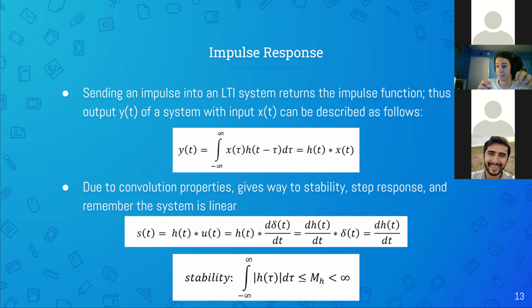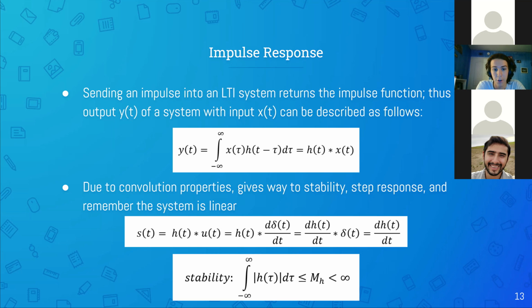If we make x of t delta of t, then the overall output of the system is going to be delta of t convolved with h of t. So the overall output of the system is just going to be h of t. So essentially you're doing it to simplify other things so you can understand what's going on. Yeah, you're doing it to simplify it, and to learn about the system.